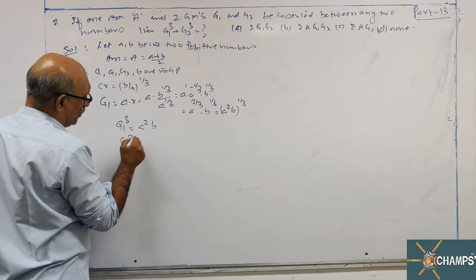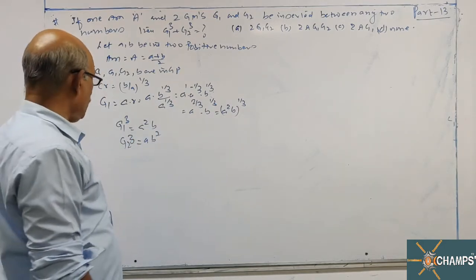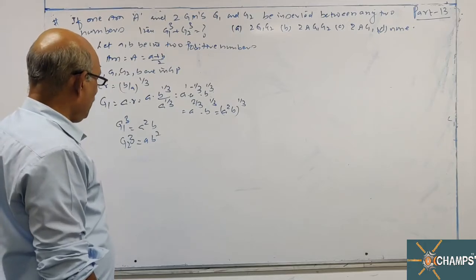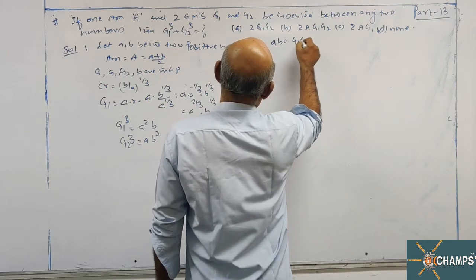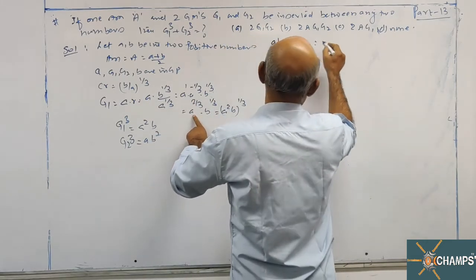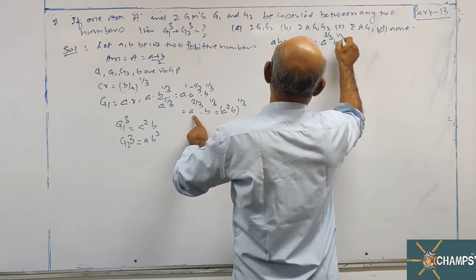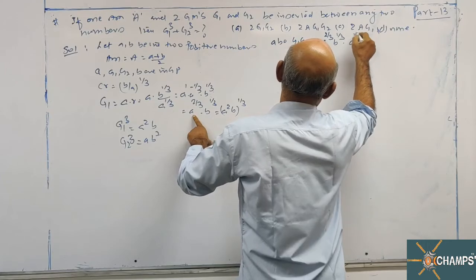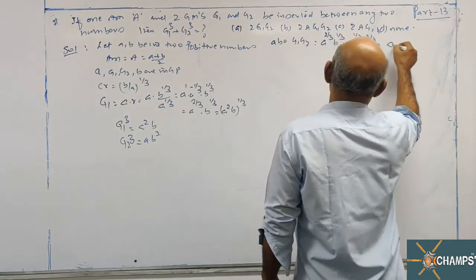Similarly, G2 cube is equal to ab square. Also G1 is a to the power 2 by 3 into b power 1 by 3, G2 is a power 1 by 3 into b power 2 by 3. So G1 G2 is ab.